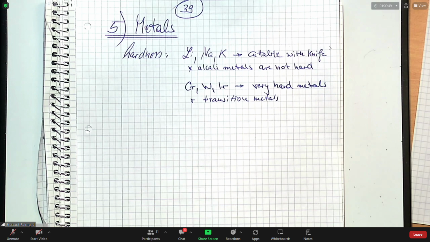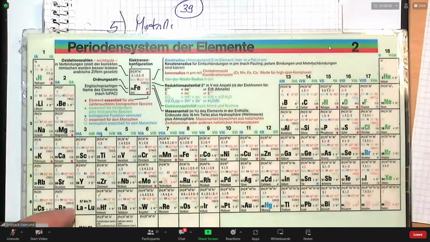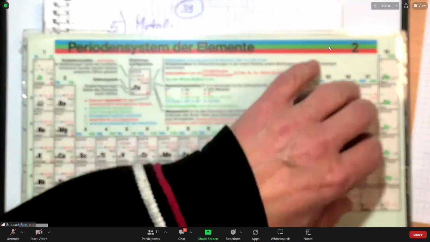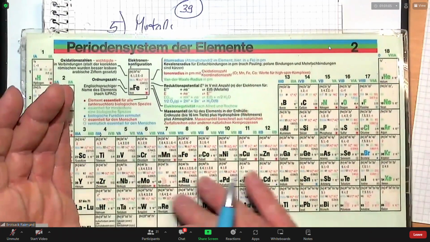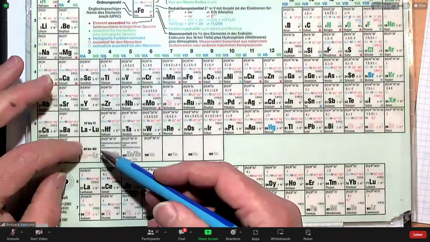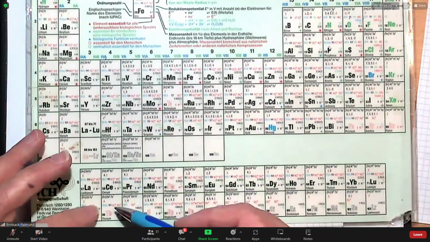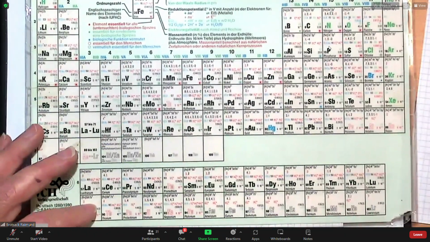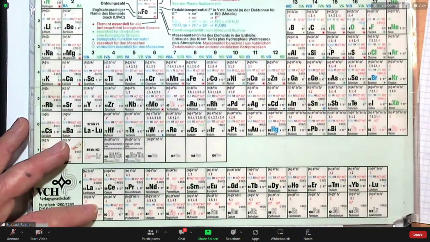When we talk about transition metals, the D. Here we have the S orbitals, the P orbitals, and in between here the D orbitals. This is the area of transition metals. And we have in here the actinoids and the lanthanoids. Here we fill the F orbitals with electrons.